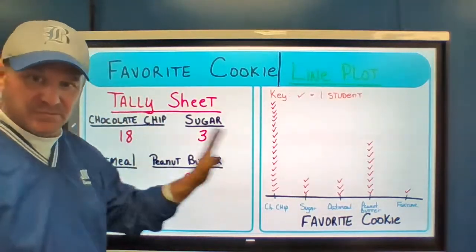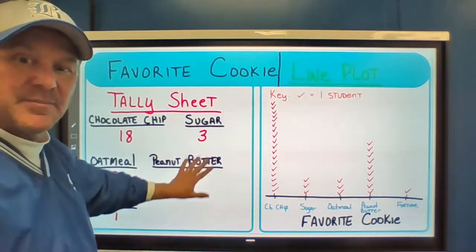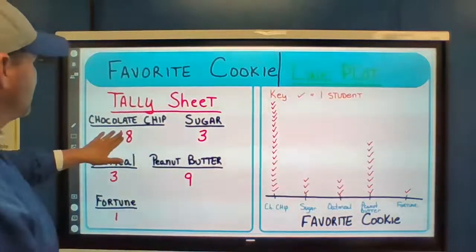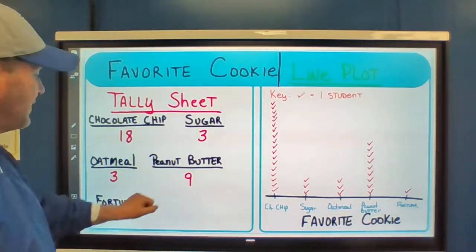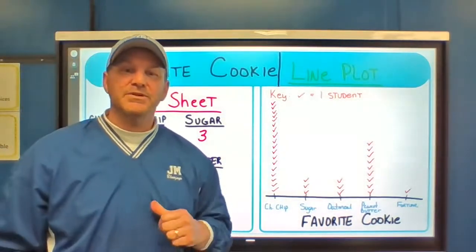But let's go over this again. Make sure however many students participated are represented in my line plot. So 18 and 3 is 21, 24, 25, 34 kids. So there's 34 participants.